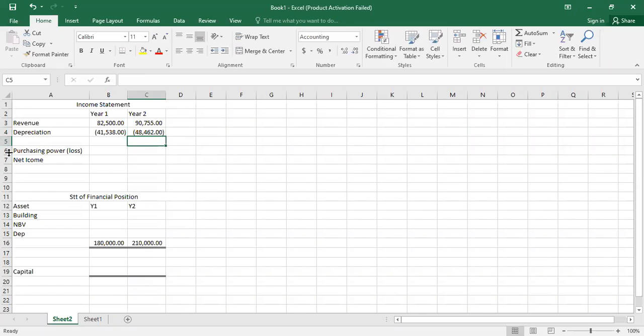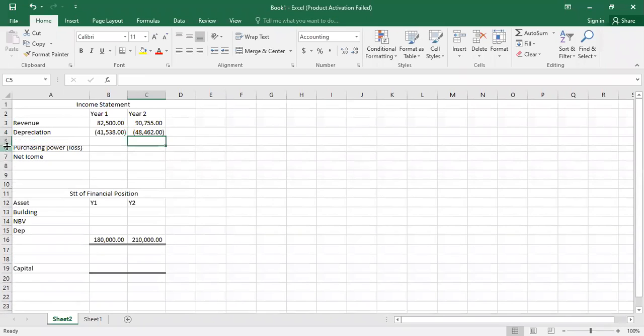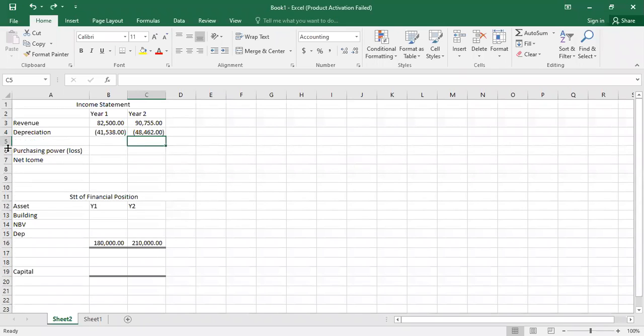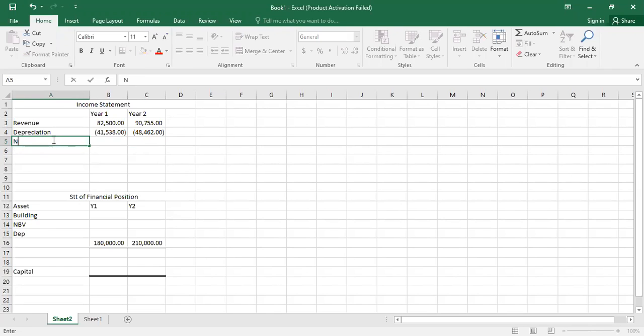I'm supposed to use not purchasing power and get away with these figures. So whatever I get here is my income. So my net income is equal to this.